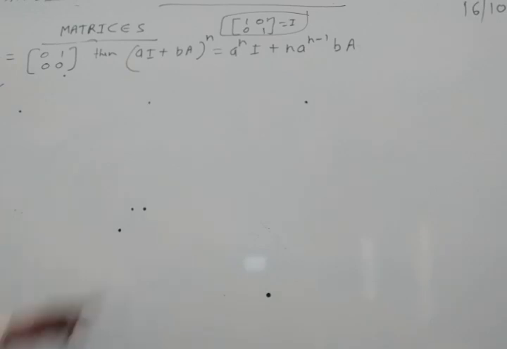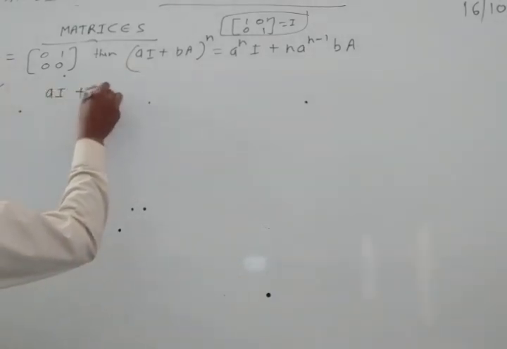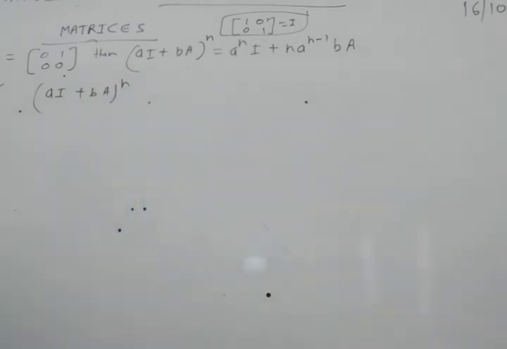The left hand side is (aI plus bA) to the power n.